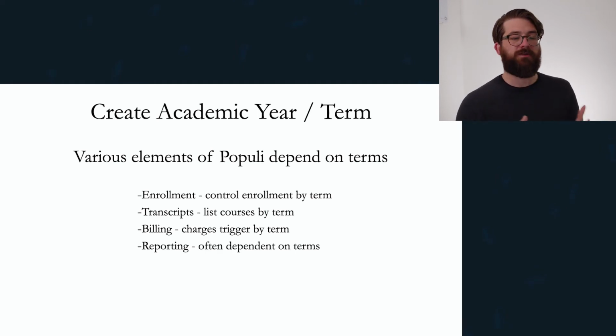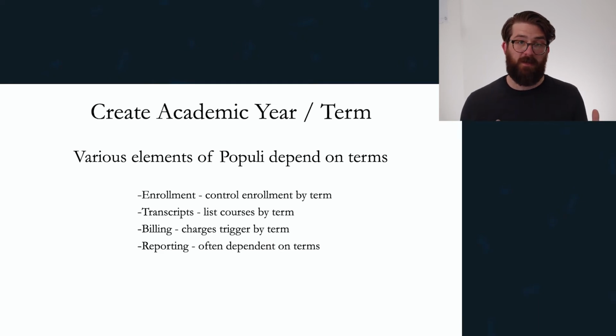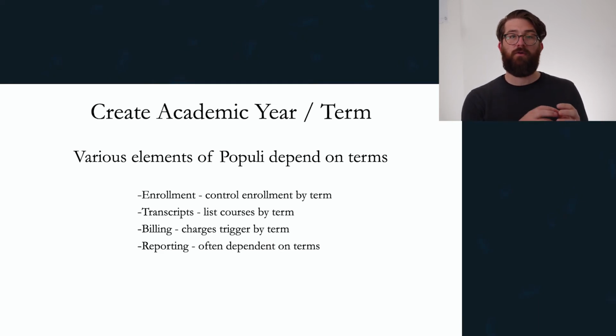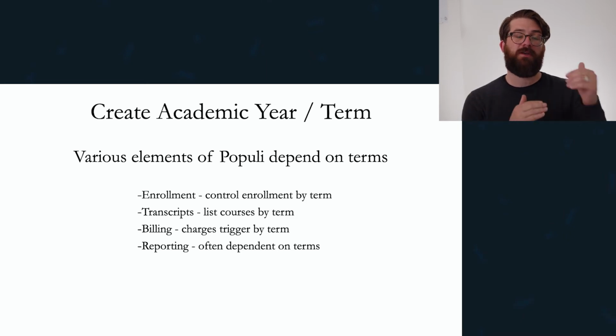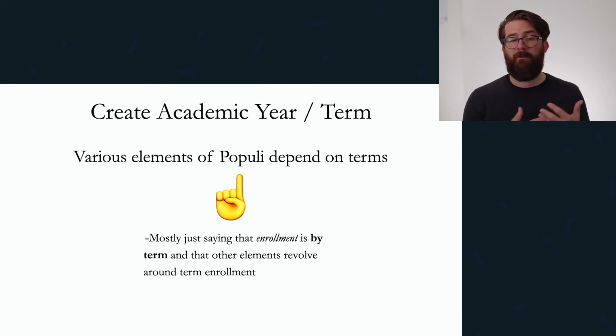Reporting is also typically dependent on terms. Various places in Populi, in the data slicer and other places, you need to indicate the terms that you want to report on for enrollment, GPAs, and other things. So terms end up influencing your reporting as well. Really, the basic thing we're saying here is that enrollment happens by term.